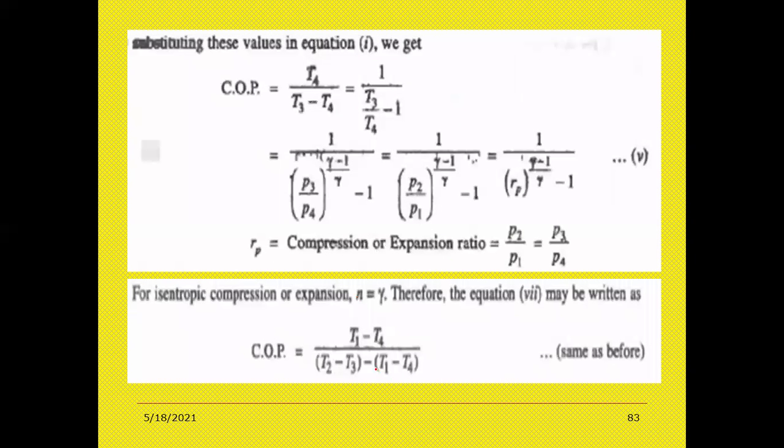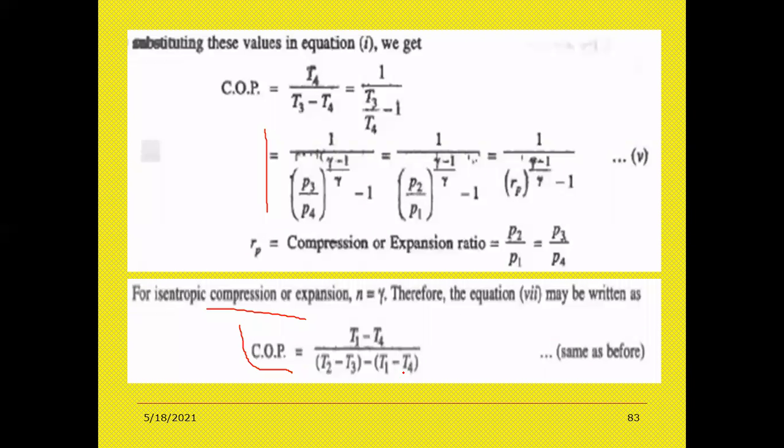So finally, upon doing the calculations, the equation can be written as COP = (T1 minus T4) divided by [(T2 minus T3) minus (T1 minus T4)]. So this is the formula for the reverse Brayton cycle.